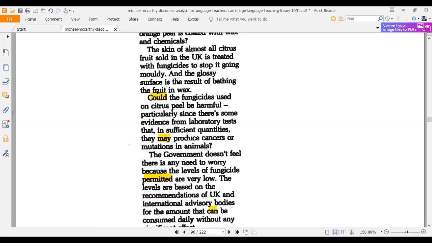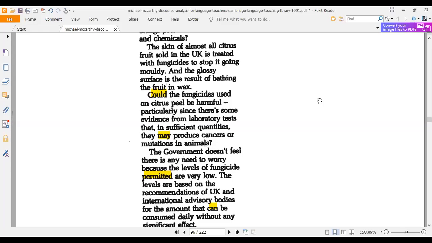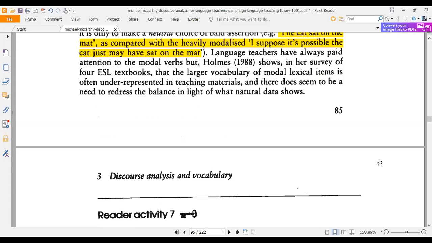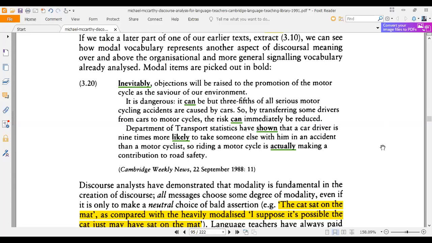So the first is "could". It has a possibility meaning. Could the fungicides used on the peel be harmful? Here "could" is used with a possibility meaning, therefore it's classic epistemic modality. And here is also "may", which is also used with the classic epistemic meaning because it has a possibility meaning. And here "permitted" is used. Permit is one of the verbs of the second type, root modality, because root modality includes permission.